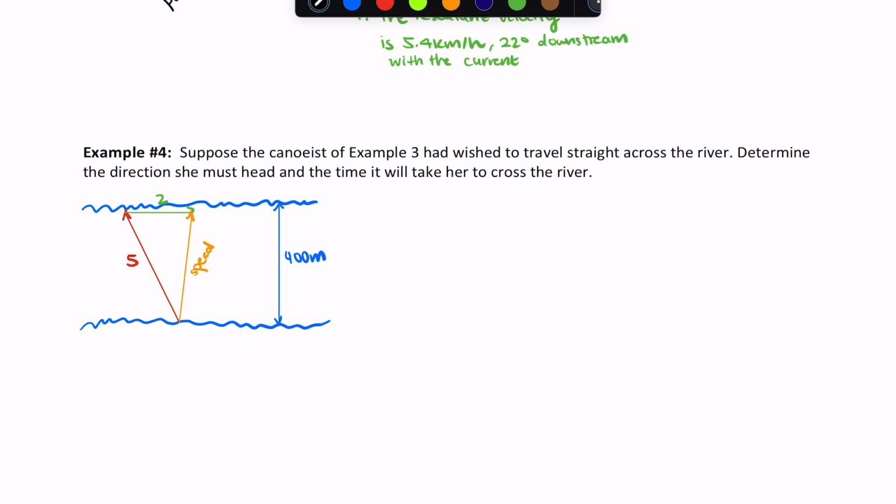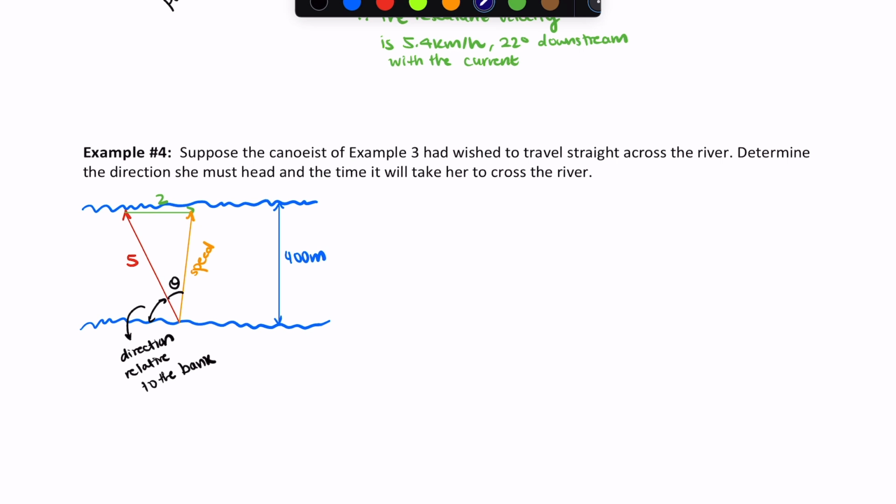So again, here we have our theta, and the direction is relative to the bank. So here, to find our speed vector, which is our resultant.